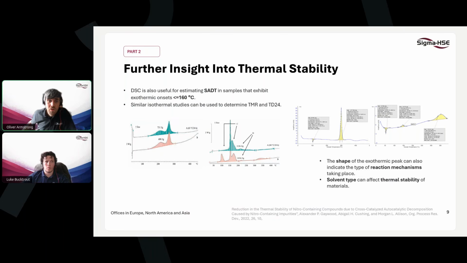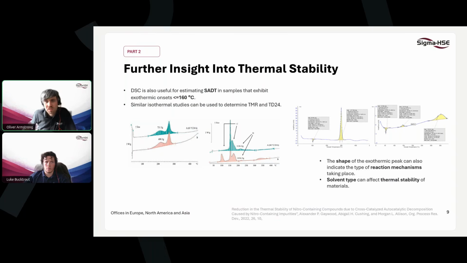The same is true of not just self-heating properties, but also explosive properties for transport regulations, where DSC again provides a good small-scale test to rule out, hopefully, this potential for explosivity. But again, if certain thresholds are met, it will signpost to further testing required.